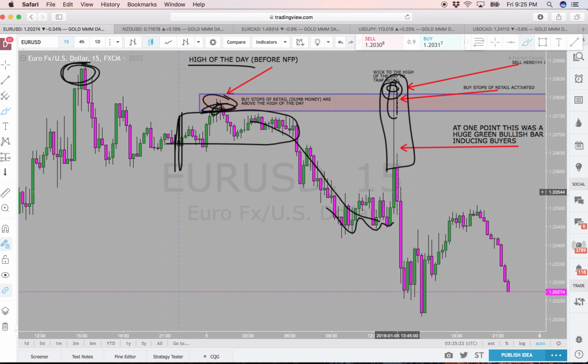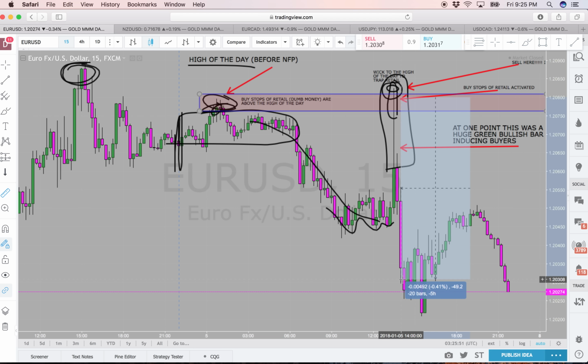Fell off a cliff. Basically, I believe that was around a 30 pip move. We got in at 1.2080. And just this candle right here within the first 30 minutes got us about 30 pips in profit.